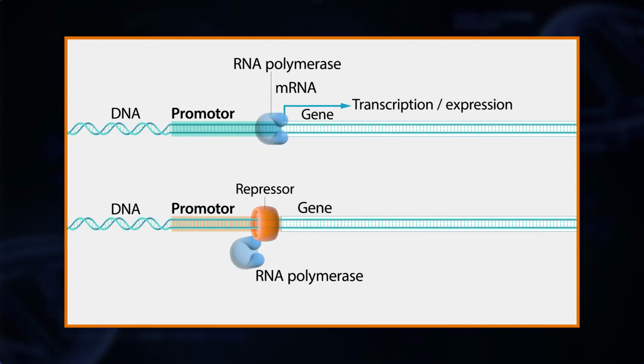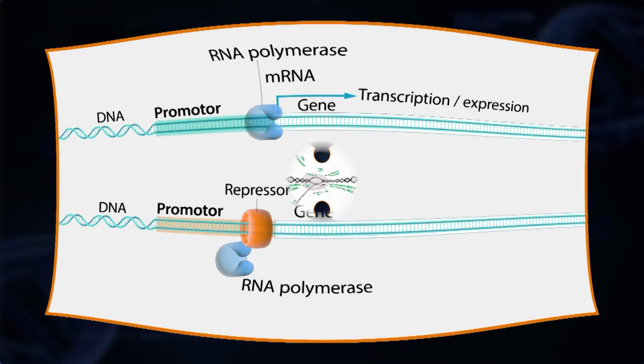Ahead of many genes in prokaryotes, organisms that lack a nucleus, there are signals called operators where specialized proteins called repressors bind to the DNA just upstream of the start point of transcription and prevent access to the DNA by the RNA polymerase enzyme.